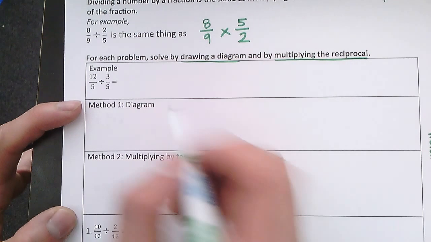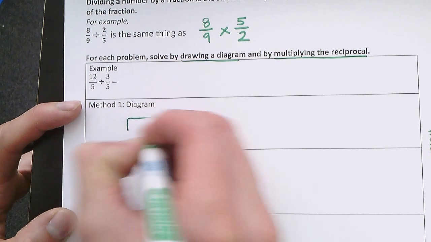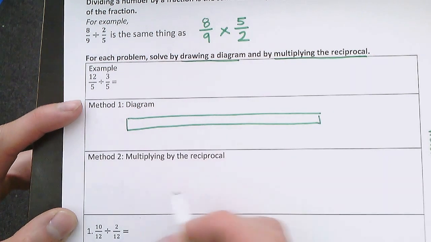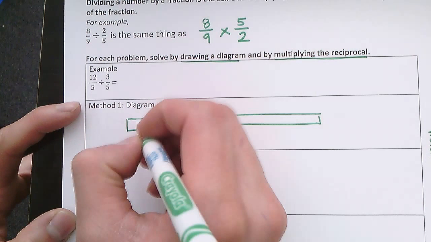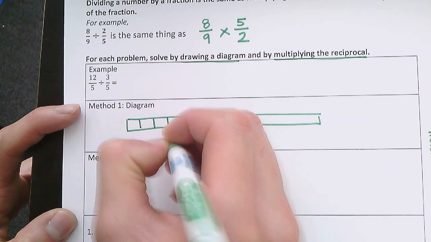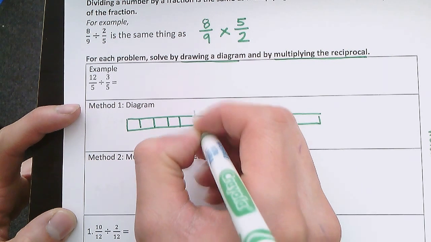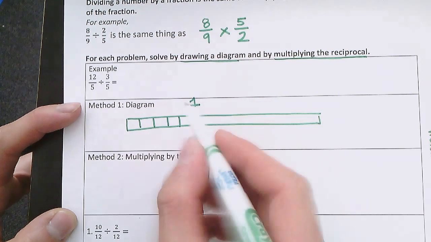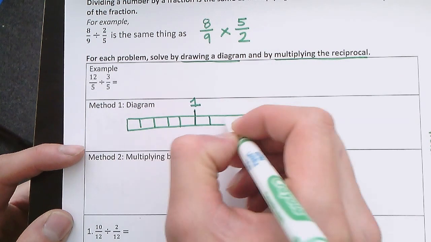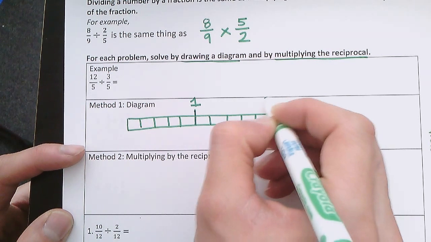So we'll draw a diagram. 12/5, let's draw that out here. We can draw a nice long rectangle. We know we're going to have 1/5, 2/5, 3/5, 4/5, 5/5, that's one whole. Then 1, 2, 3, 4, 5 again, that's 2 wholes.